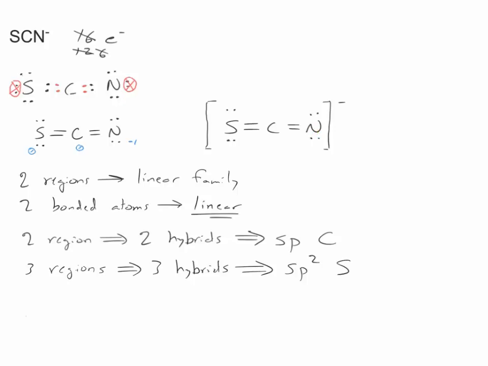Looking at nitrogen now, it has 1, 2, 3 regions. So again, 3 regions. That means we need 3 hybrids, and that means we have sp2 for the nitrogen. So the carbon is hybridized sp, the sulfur is hybridized sp2, and the nitrogen is hybridized sp2 also. So now we've taken care of all of that.